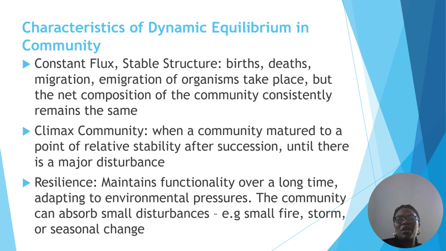Then we have what we call a climax community. That's when a community has matured to a point of relative stability after succession until there's a major disturbance. That is, when we talk about a dynamic equilibrium in a community, that is indirectly referred to as a climax community. That is when a community has reached a matured point that is relatively stable.